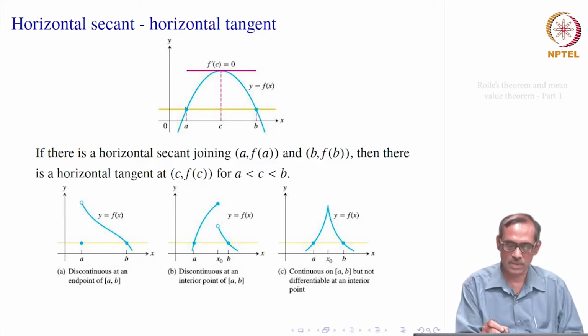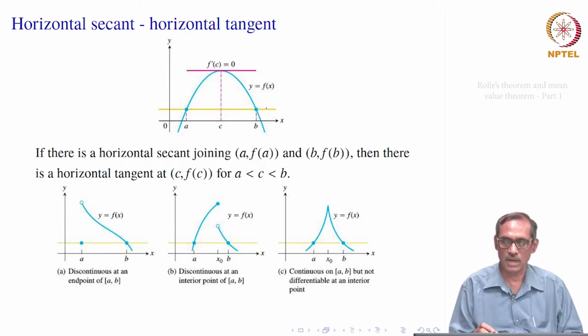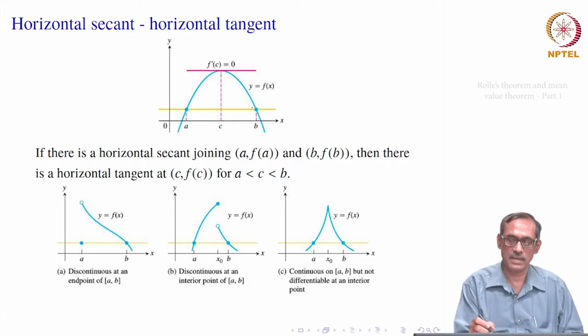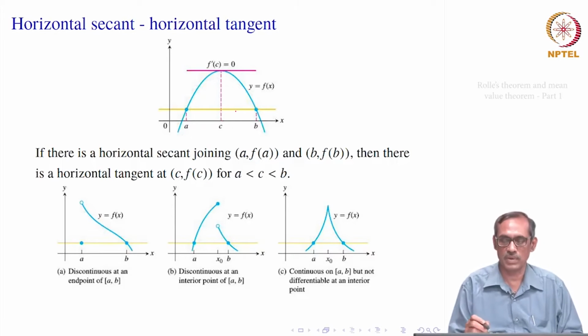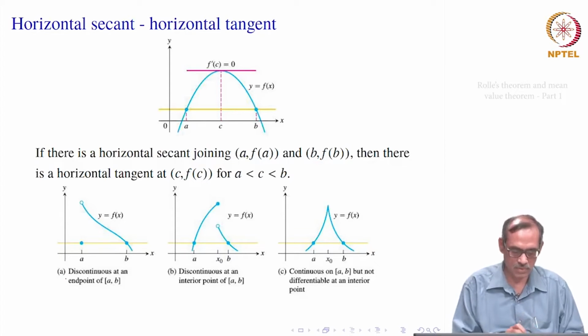What we need is that the function is continuous on the closed interval and it is differentiable in the open interval a b. You see, suppose one of them is dropped, then you may not get this idea that a horizontal secant implies a horizontal tangent. For example, let us take the first picture here, below.